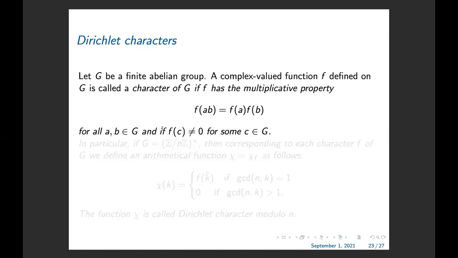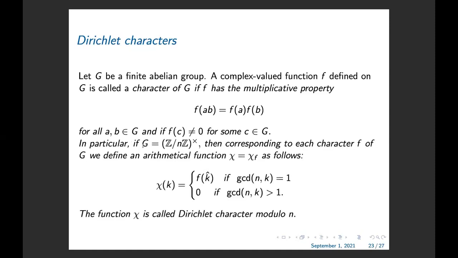In particular, if we choose G as this group, where this is the group of the reduced residue system modulo n, that is, it contains all the integers less than or equal to n which are co-prime to n, in simple language.